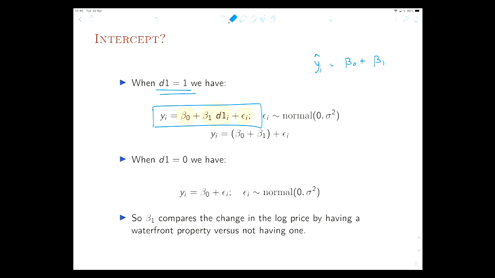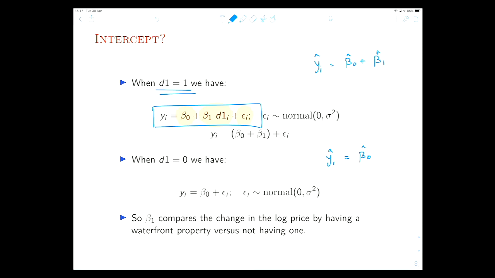Similarly, when D1 is equal to 0, meaning the house is not a waterfront house, then our model becomes yi hat is equal to beta 0 hat. The beta 1 hat term disappears because D1 takes on the value 0. Does everybody get that?